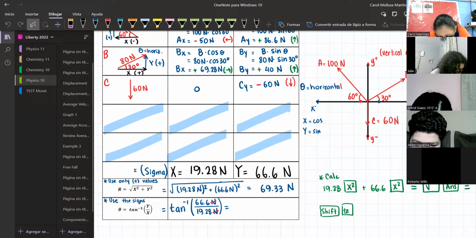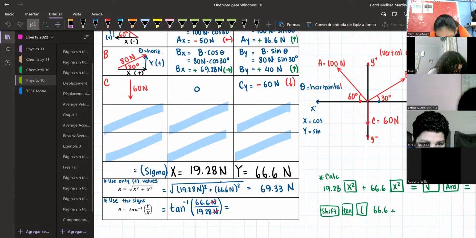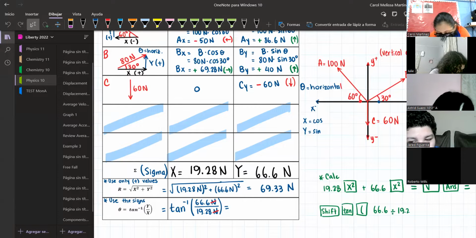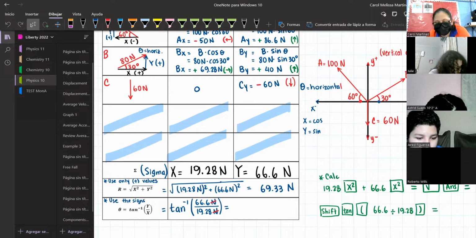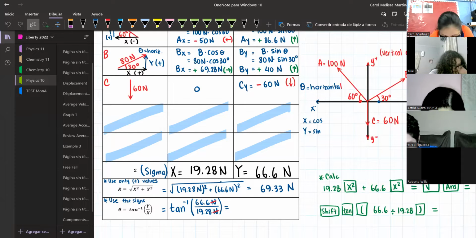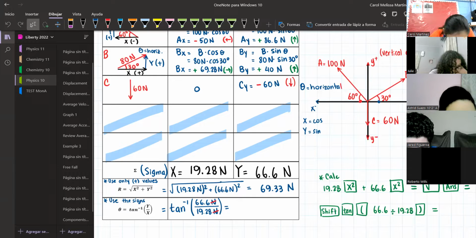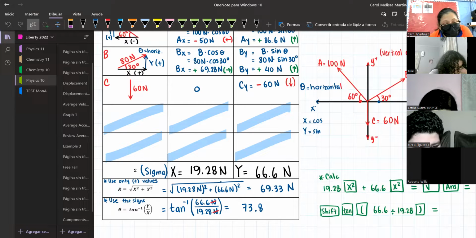And then you're going to open parentheses, 66.6 divided by 19.28, close parentheses, equal. How much you got? 73.85. This answer is an angle, so it's gonna be in degrees.